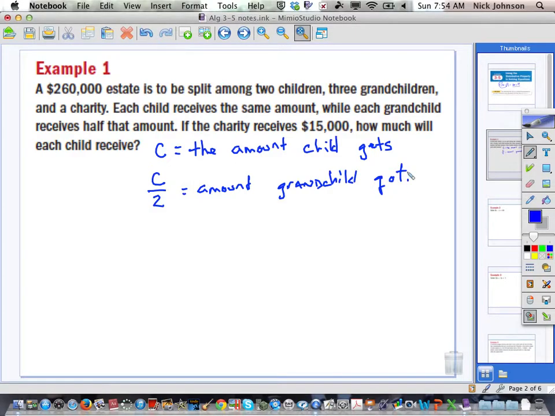Okay, so our equation's going to be: we have 2 children, 3 grandchildren, and the charity, and all that has to equal up to our 260,000.